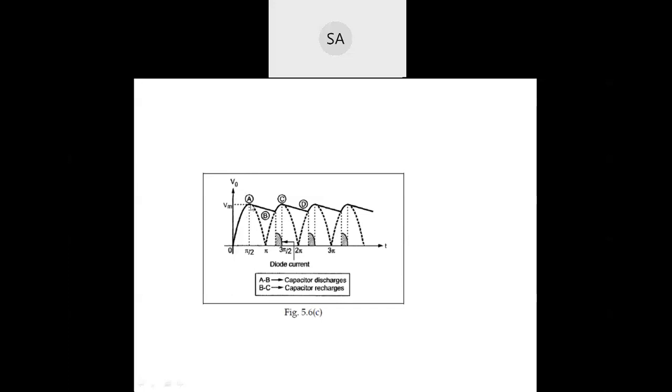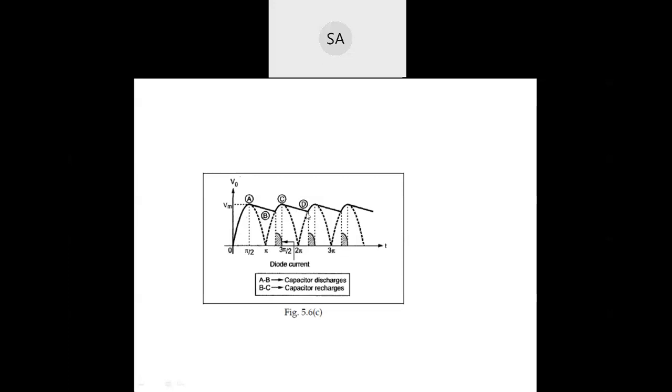After that, when the input voltage falls below Vm, the capacitor discharges through the load. When the capacitor voltage is less than Vm again, the capacitor is charged through the diode D1. Once it reaches the maximum voltage Vm, it discharges again, then charges again.